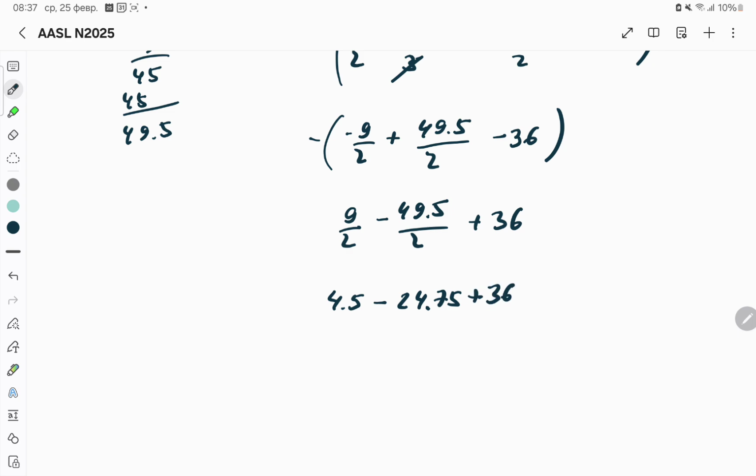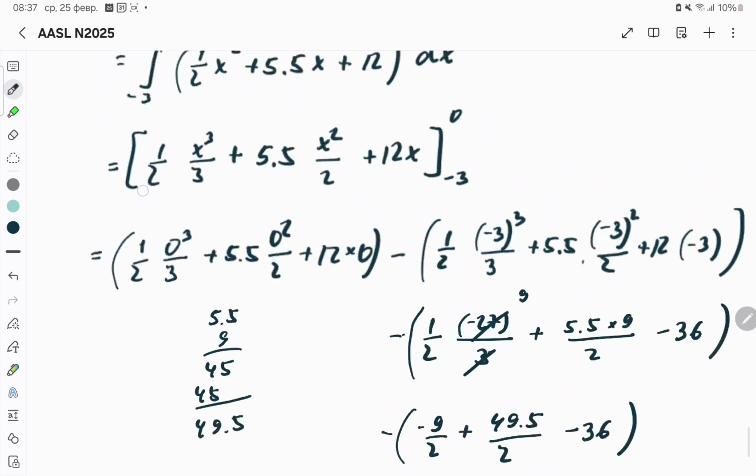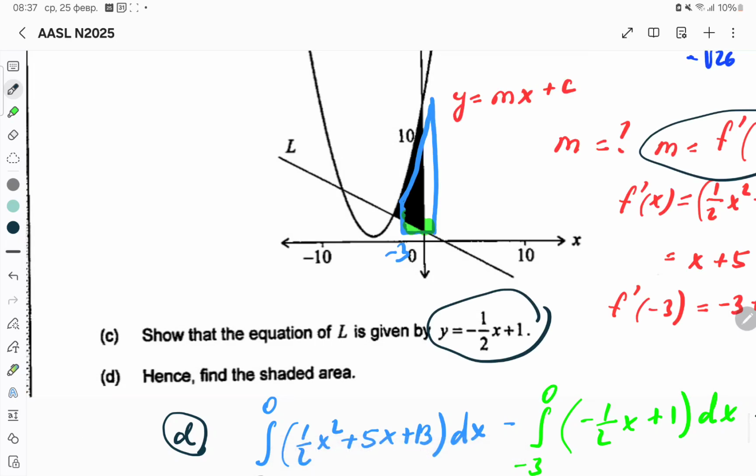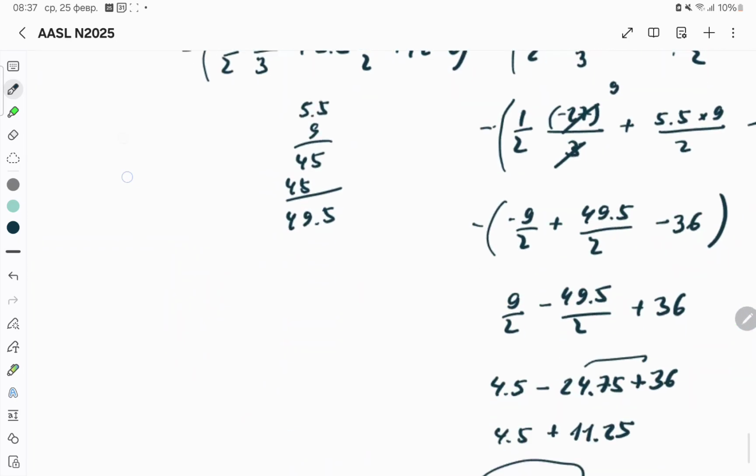All right, so we have these two giving us 11.25 positive, and so finally it is 15.75. So the area is 15.75. This shaded black area is 15.75.